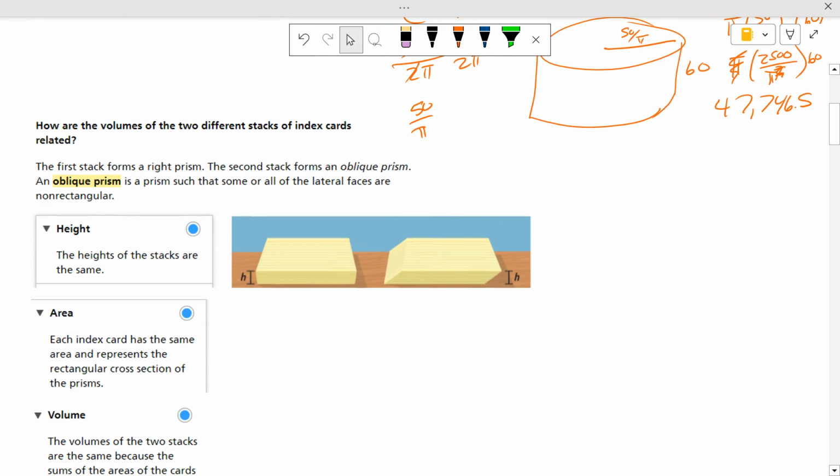Here's a stack of papers. Here's another stack of papers that's leaning. This is called a prism, a right prism. And this one, a leaning one, is called an oblique prism.